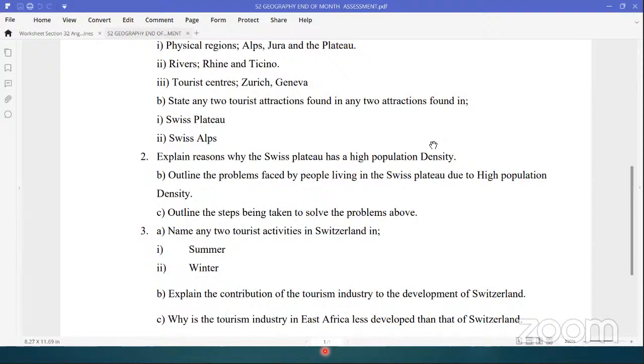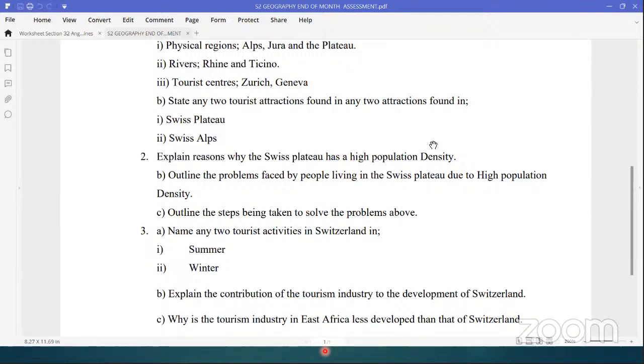Shortage of food and land, since most of the land has been occupied by people. Thank you. We have struggle for land and shortage of food as a problem. There's a shortage of land because all the people are concentrated there.